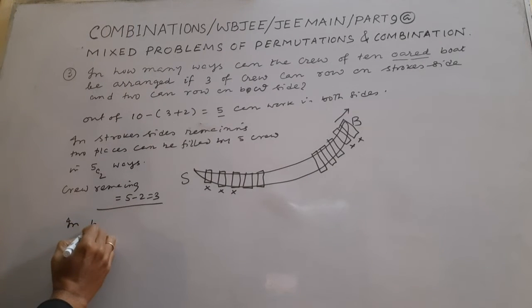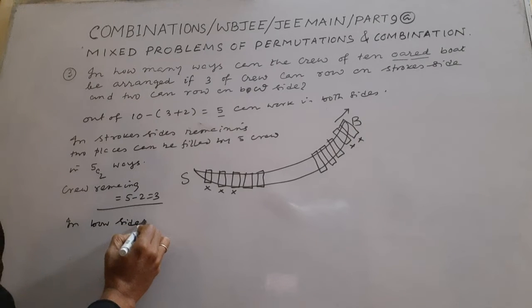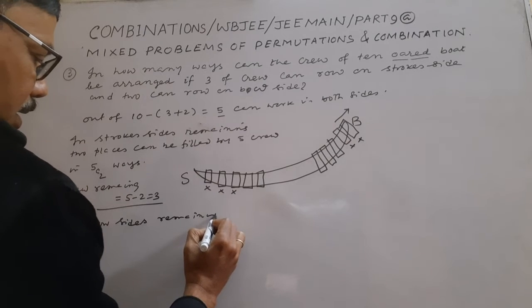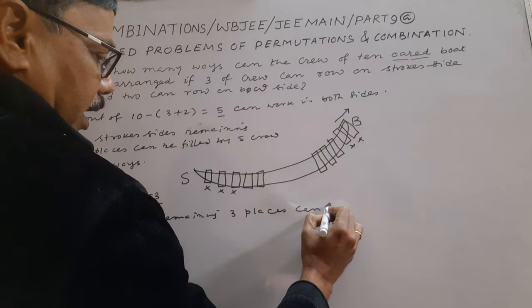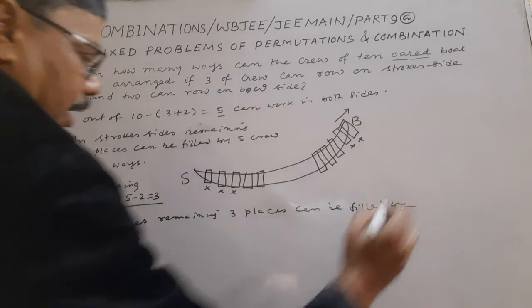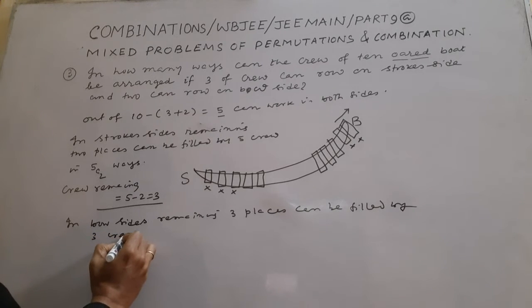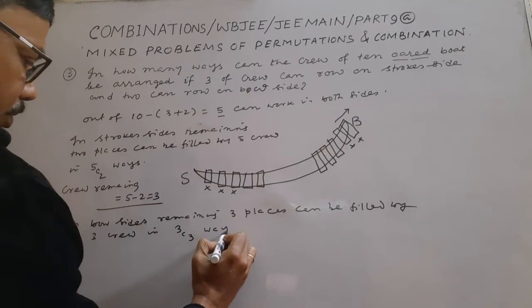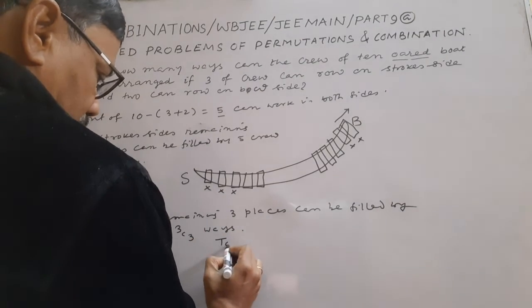In both sides, remaining 3 places can be filled by 3 crew in 3C3 ways. So, total selection is 5C2 into 3C3.